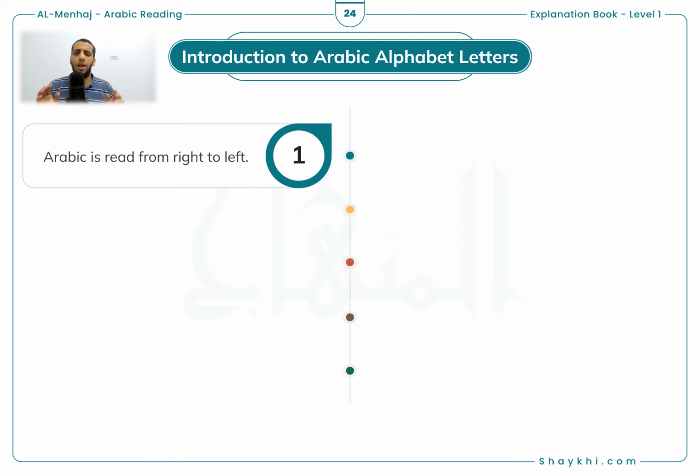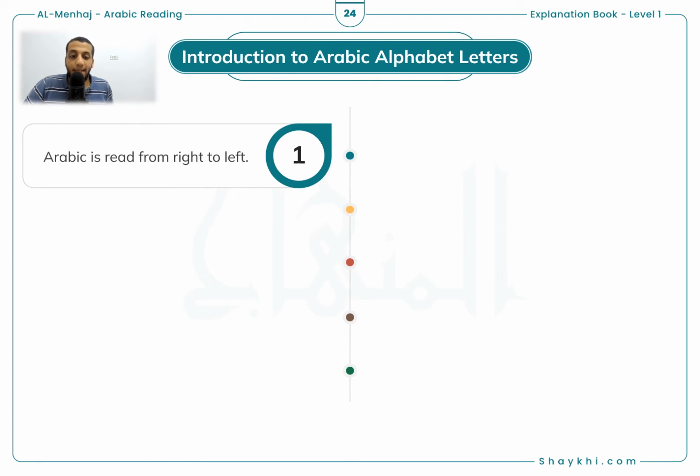So if you write in English, you will naturally start from left to right. But in the Arabic language, you have to change your mindset. When you write in Arabic, you have to know that you will write from right to left. You will read Arabic from right to left.